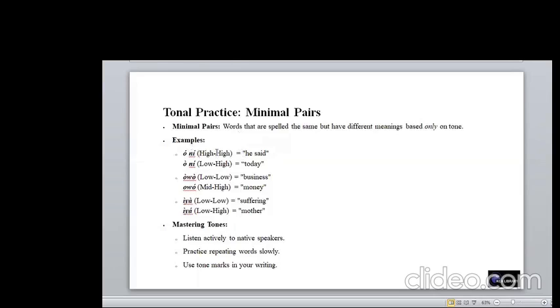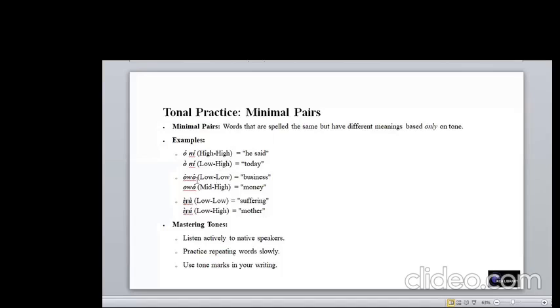Examples include Oni. Oni is mi mi, and it means he said. Then that same word can be pronounced as Oni, do, mi, and it means today.